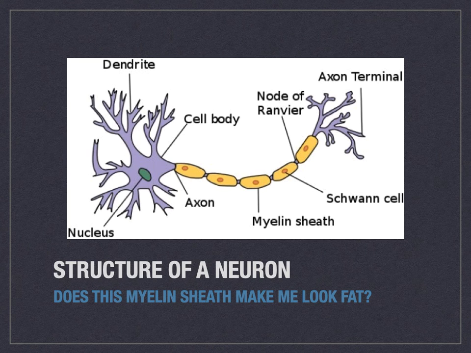And so I want to call your attention to a couple of different parts of the diagram in front of you. If you look at the top left-hand corner, you see the word dendrite. And dendrites are the branches that you see there coming into the neuron. When a neuron receives a signal, that signal comes in through the dendrite. So everything that's coming in that's activating that neuron is coming in through those dendrites.